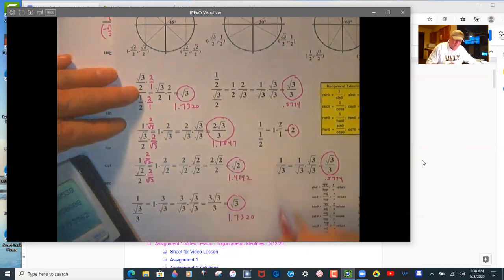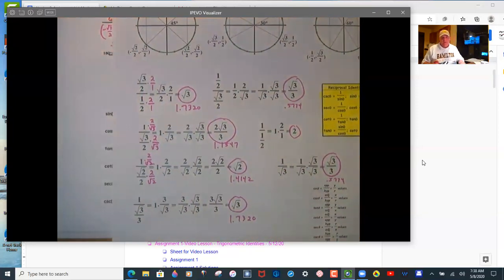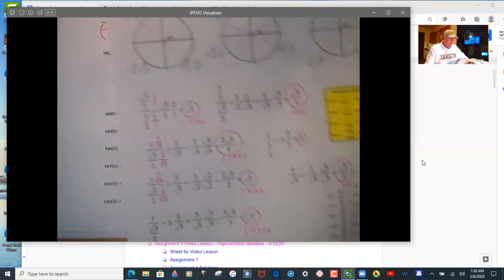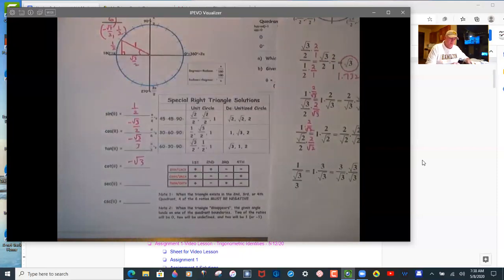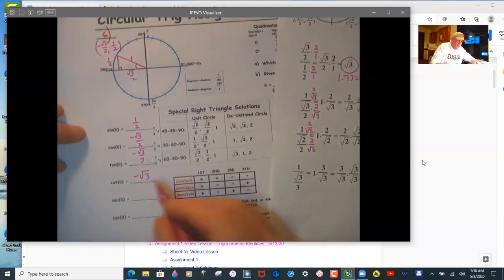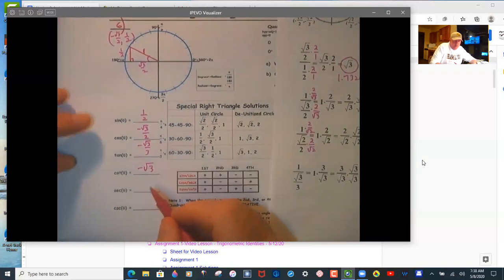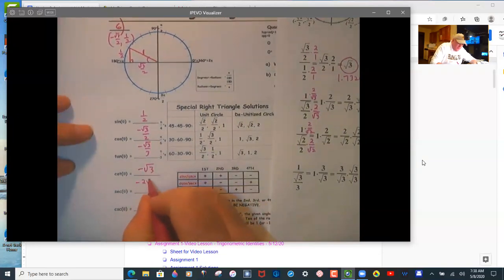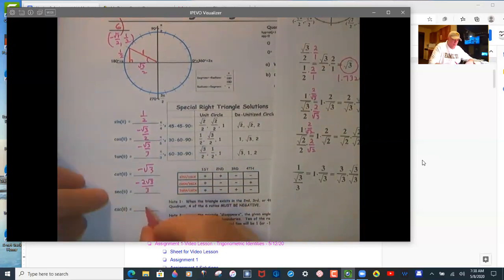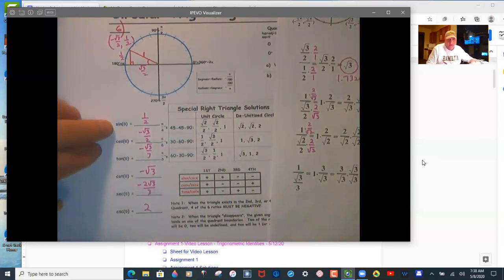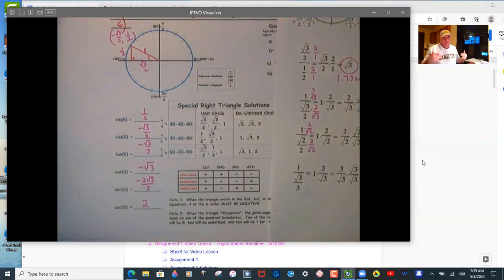It's always good to go to 4 places. I mean, if you literally wanted to calculate this and then move it backwards into the exact radical form, you could do that. And that's some of my advice on this. So reciprocal here, negative 2 times the square root of 3 over 3. And then cosecant is the reciprocal of sine, which I would hope you would know that is 2.